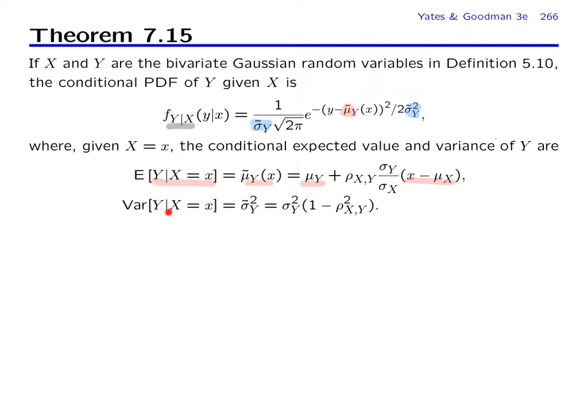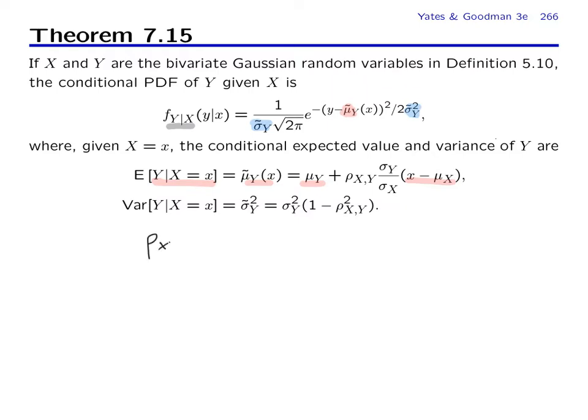In this case, the conditional variance is the original variance times 1 minus rho squared. And so what this tells us is that the conditional variance of y given any observation of x is always the same for all observations x, and in fact it's always strictly less than sigma y squared as long as rho isn't 0. This is important enough to write down.